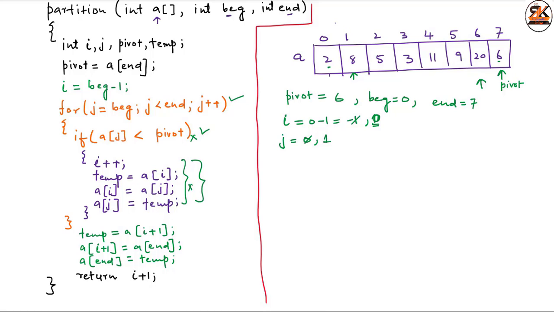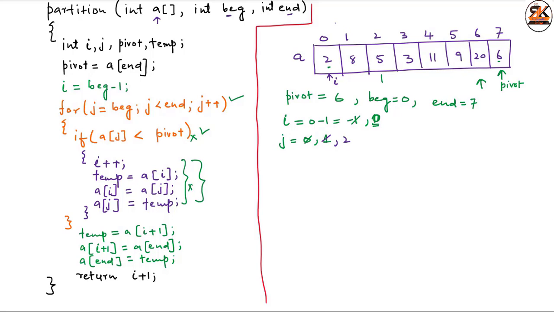Now i is at this position and j is at this position. Then we again increment j. We go back and come to this point, and we increment j. Now the value of j is 2, so j is pointing to a new location.